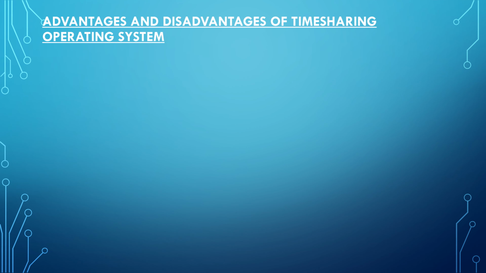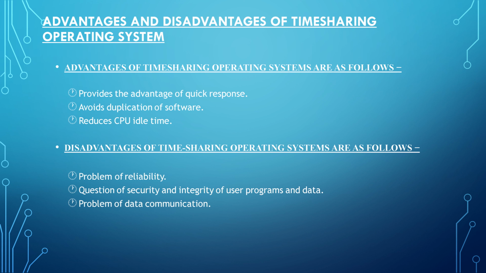We have advantages and disadvantages of time-sharing operating system. Advantage number 1, it provides the advantage of quick response. Number 2, avoids duplication of software. Number 3, it reduces CPU idle time. And disadvantages of time-sharing operating system.